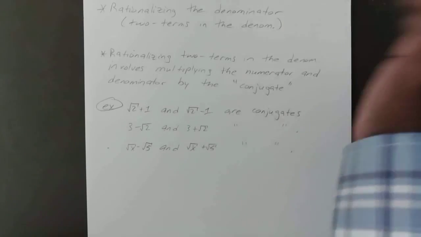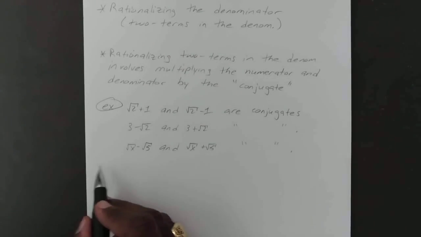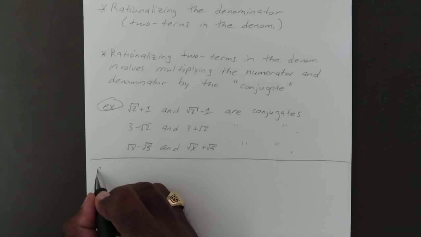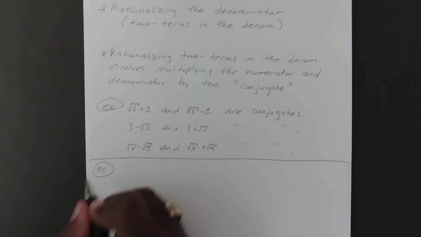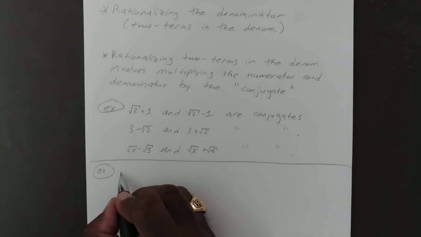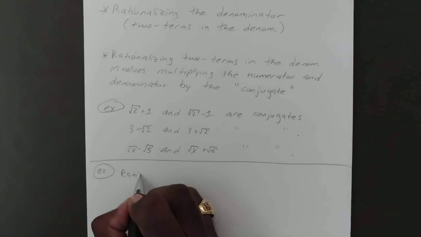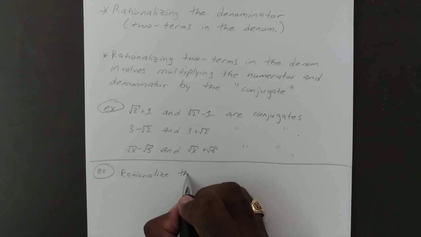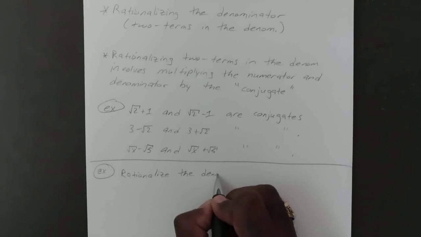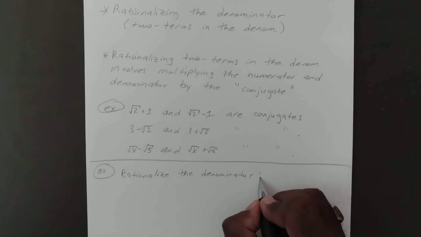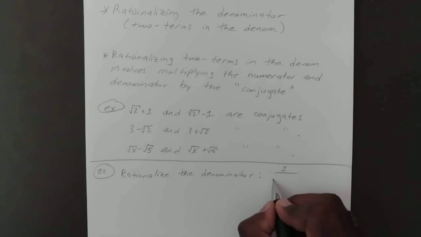So let's say, for example, we wanted to rationalize the denominator of 1 over square root of 2 plus 1.